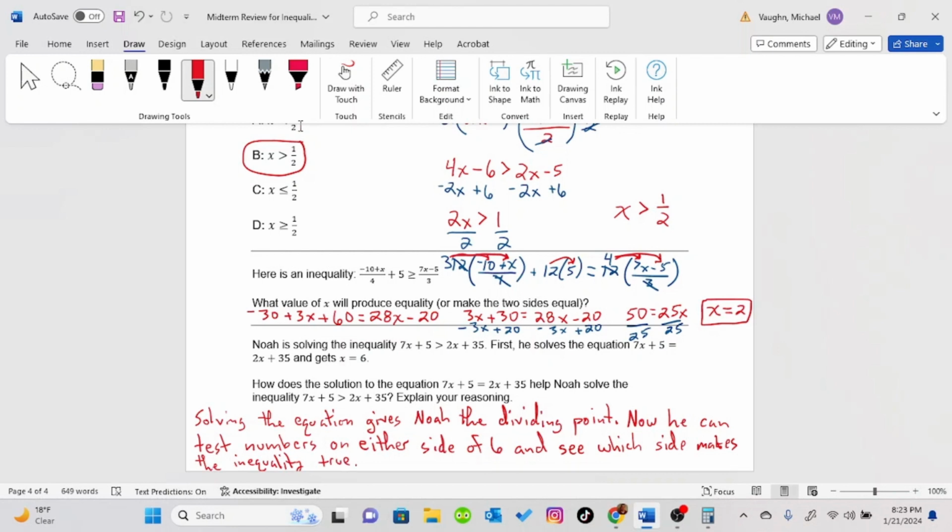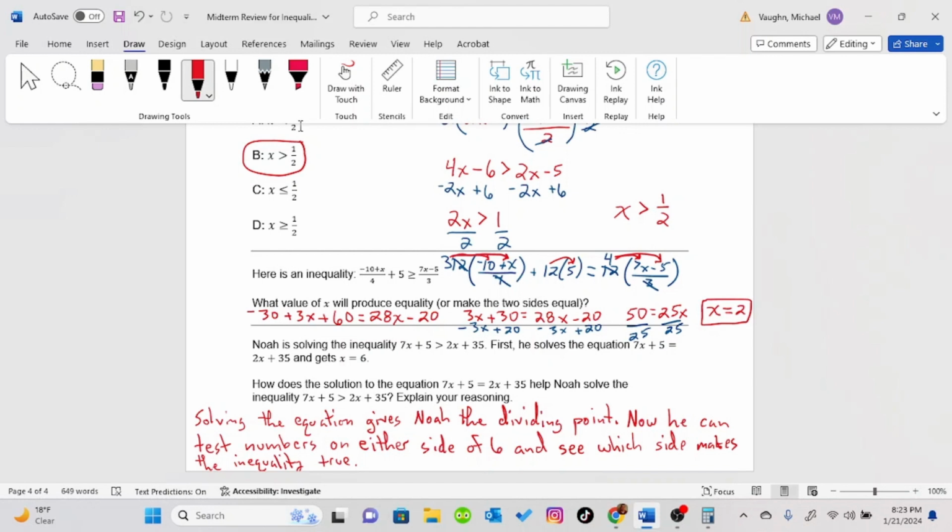So these are the practice problems to review for the midterm inequalities portion. Tomorrow, I have assigned Khan Academy modules that cover the material and the standards that will be on the midterm test.